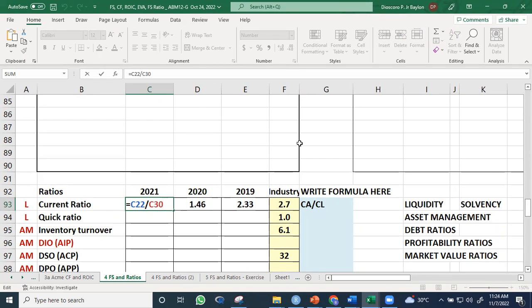Okay, how about the rest? Walo pa lang yung nag-respond. You are 37 in class here. Let's wait for the others to key in their responses kung nakahabol sila, kung nakuha nila yung computation ng current ratio. Okay, we haven't even reached half. Let's wait for the others to give their feedback.